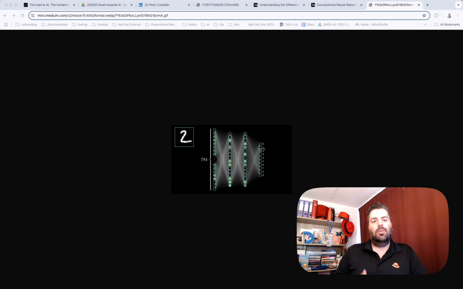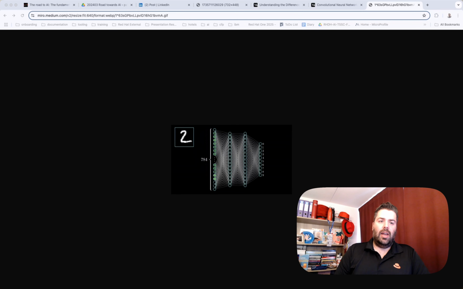By passing the inputs through multiple layers, the network can learn increasingly complex features, starting from simple edges or curves in the first hidden layer and building up to more abstract concepts like the shape of certain digits in the deeper layers. Finally, in the output layer, the network uses an activation function that produces a probability or probability-like score for each digit. Whichever neuron in the output layer has the highest score effectively becomes the network's answer.